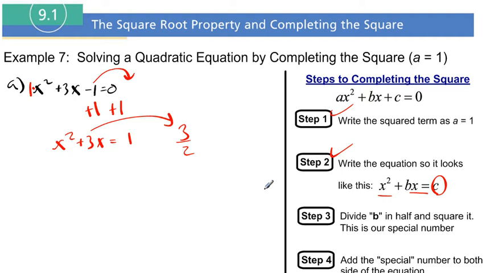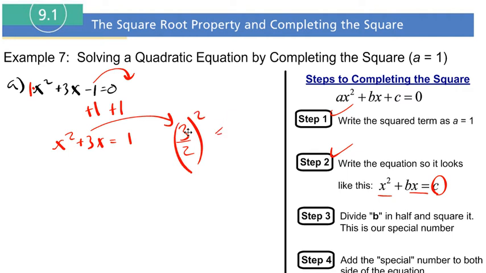Rational is a fancy word for fractional form. So when I say cut 3 in half, this means 3 halves.